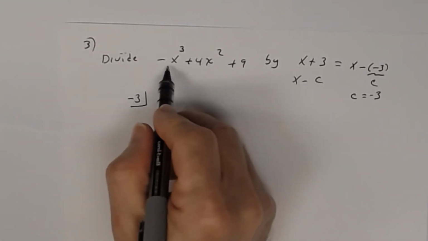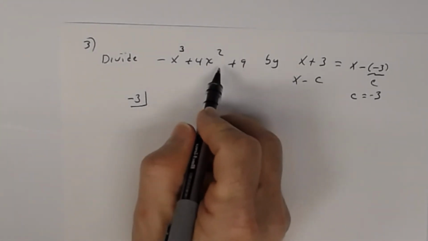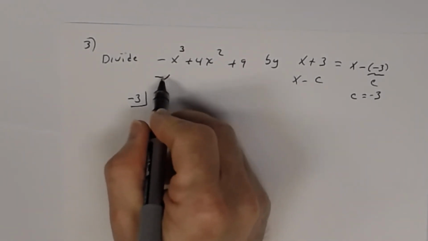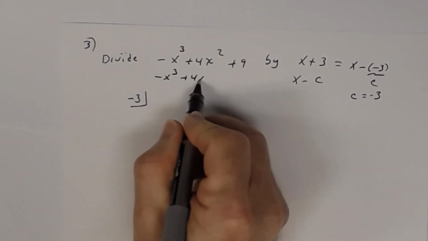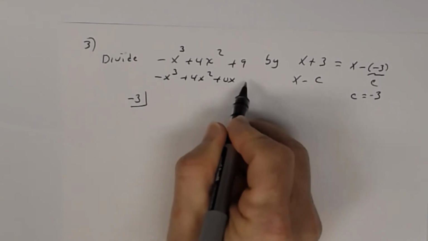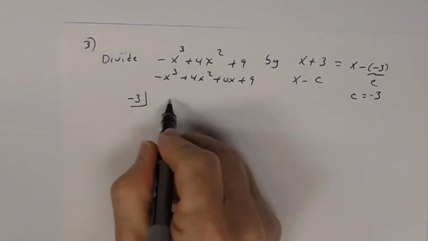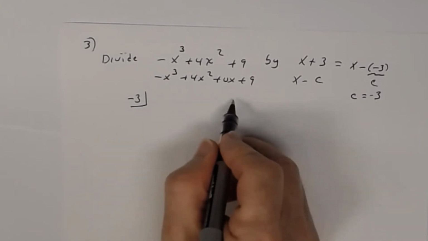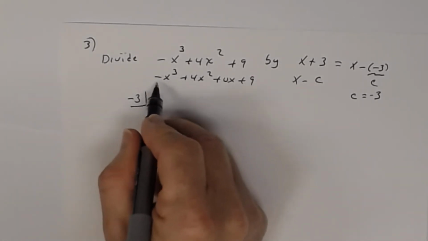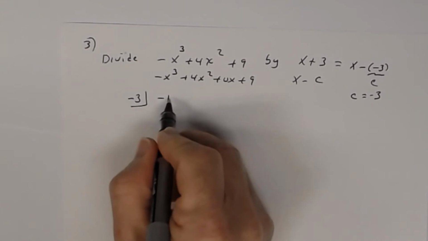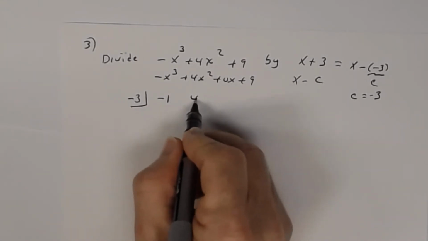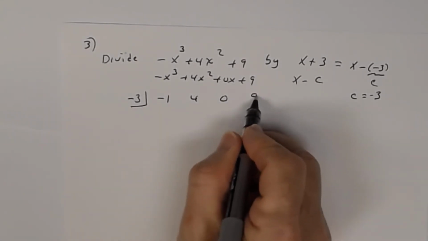Okay, so then you're going to write negative 3 with a backwards L, and then you're going to put the coefficients here. Remember, I am missing a term. I'm missing that x term. So remember, this is negative x cubed plus 4x squared plus 0x plus 9. Okay? And so you're going to write your coefficients here. So negative 1, positive 4, 0, and then 9.